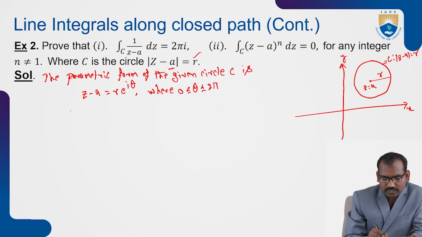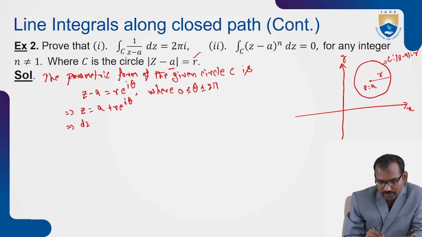So I know this relation. Now I can write what z is. z is A plus R e power i theta. So the derivative of z becomes the derivative of A plus R e power i theta.